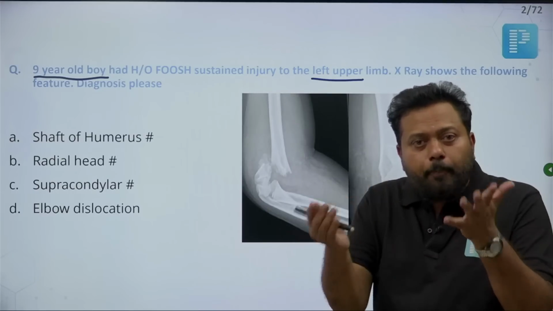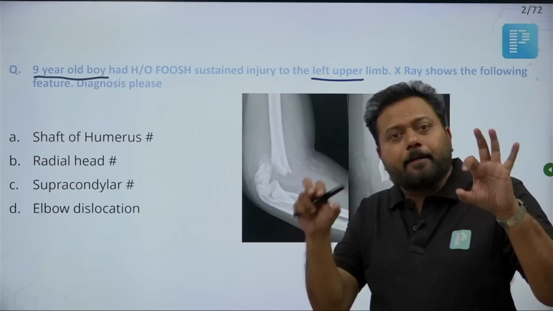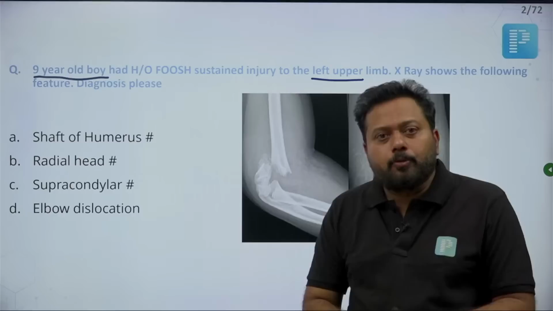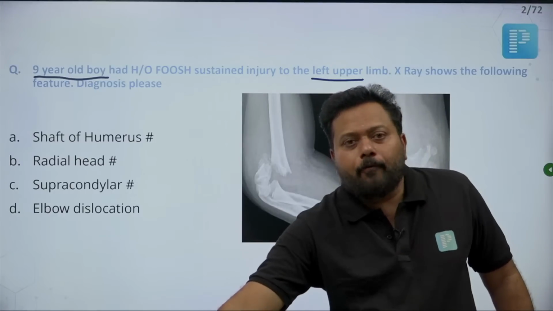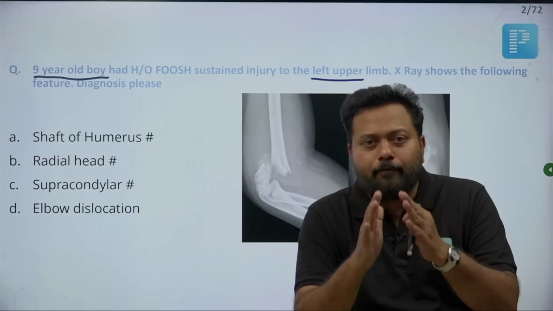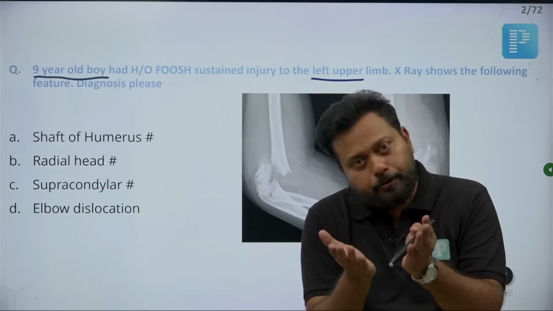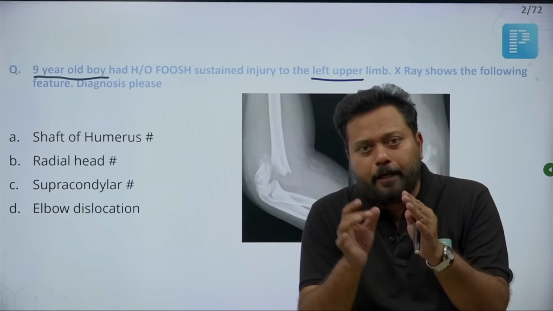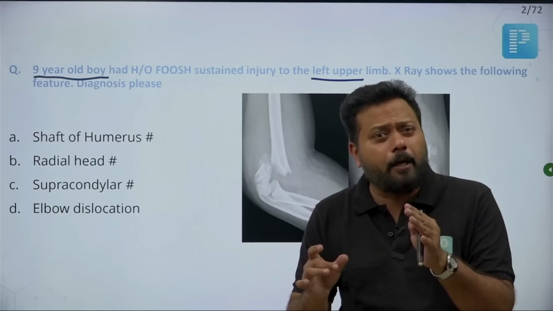Of a flat pipe and a cylindrical pipe, flat pipes are easy to bend. So when a child falls down, the supracondylar area is flat, so it goes for a bending force, number 1. And number 2, the coronoid fossa and olecranon fossa are there, so the bone is deficient in that area.